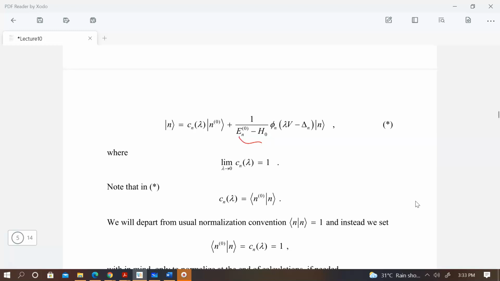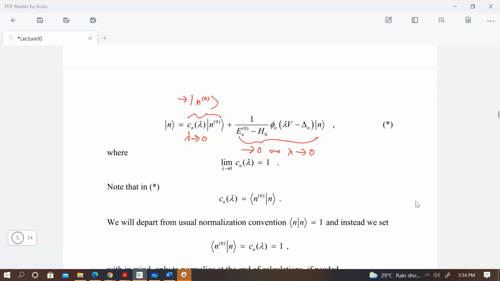So let me just write this. This will go to 0 as lambda goes to 0. And this one will make sure that when lambda goes to 0, this goes to n naught. So in other words, the condition that we need over here is that the limit of whatever coefficient there is in front of this should be equal to 1.